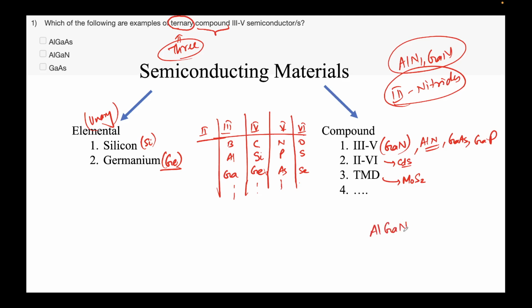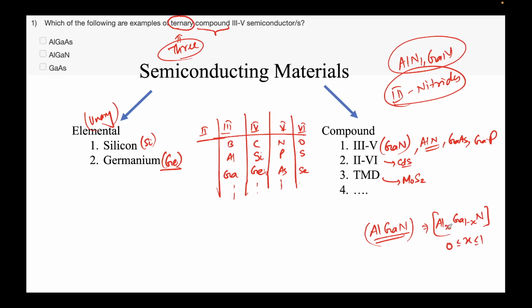So I can have, let's say, aluminium gallium nitride. Now you will wonder how that exists, how the valencies are satisfied. A more technical way of writing is Al(x)Ga(1-x)N, where x lies from 0 to 1. This is essentially the mole fraction.